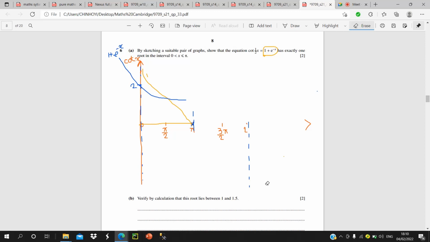Then it will imply that by sketching a suitable pair of graphs, we have shown that the equation has exactly one root, because it cuts once here.